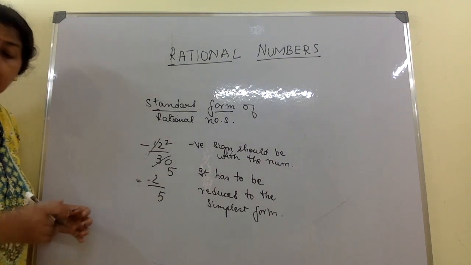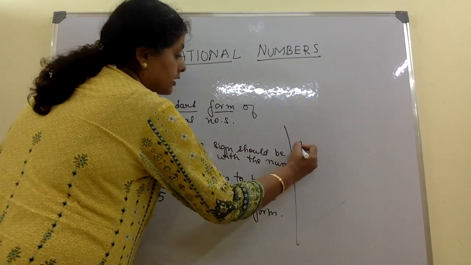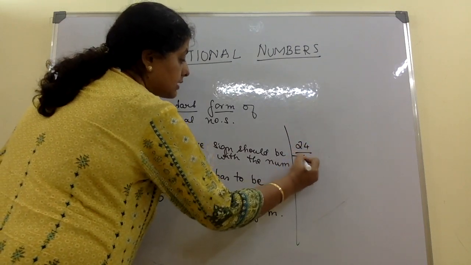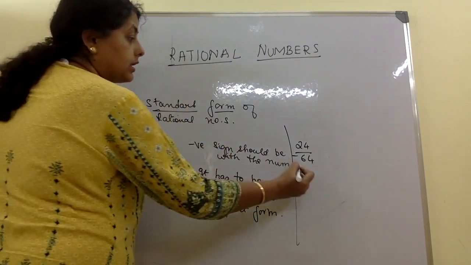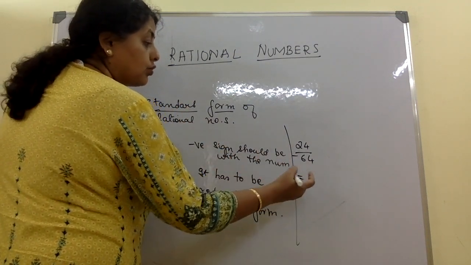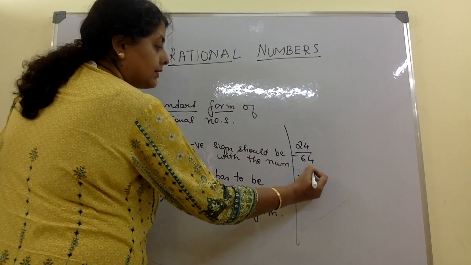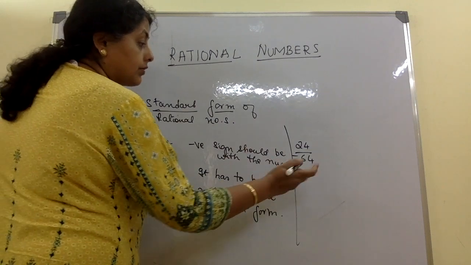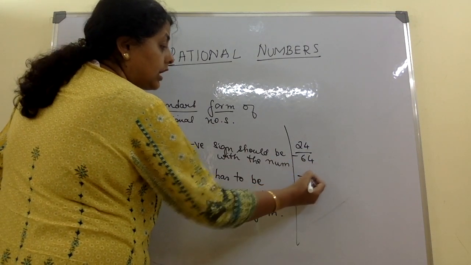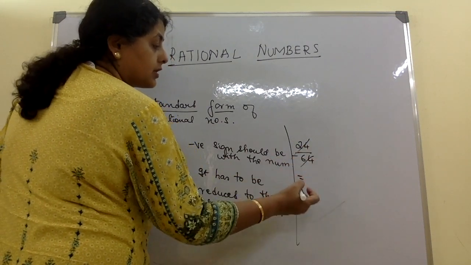Supposing I have 24 by minus 64. Yes, 24 by minus 64. Now, how should I reduce it first?